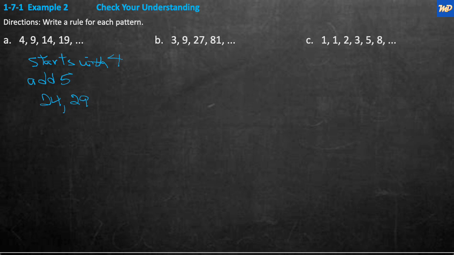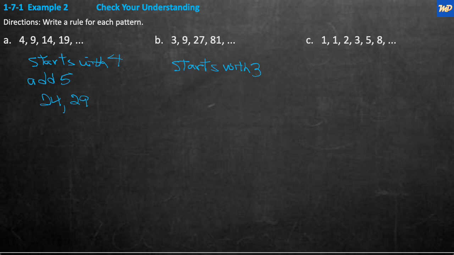B. What is the rule here? Well, again, we're going to say starts with, because we don't know anything else. We know it starts with 3. And we're going to do something to that number to get to the next number. Then it does what? 3 to 9.